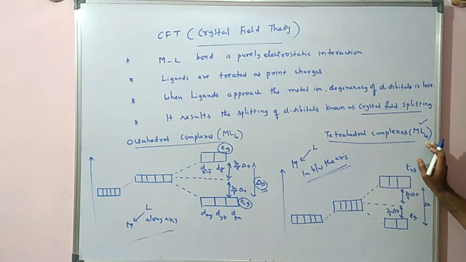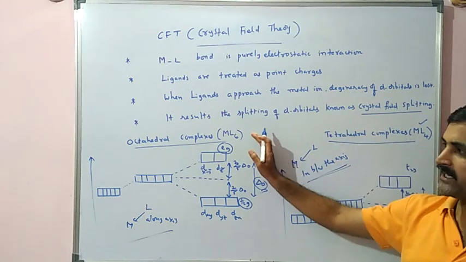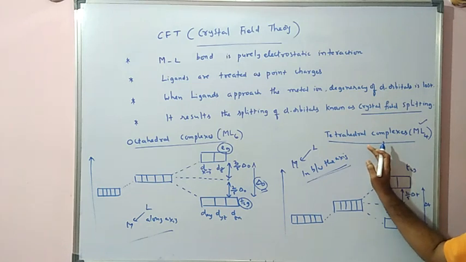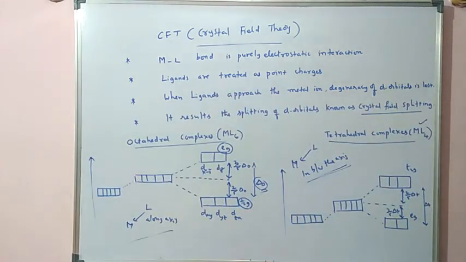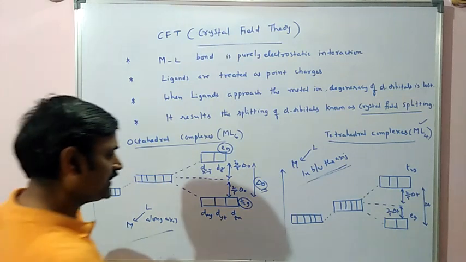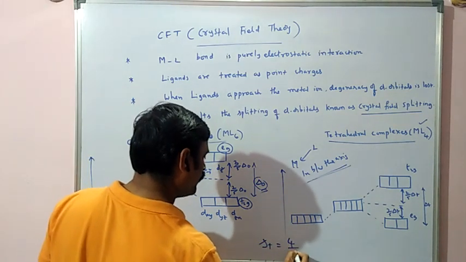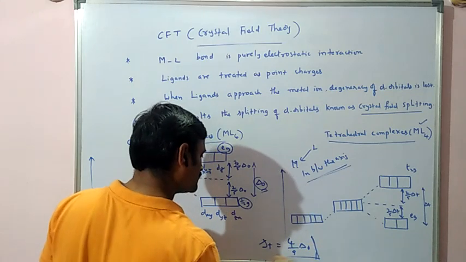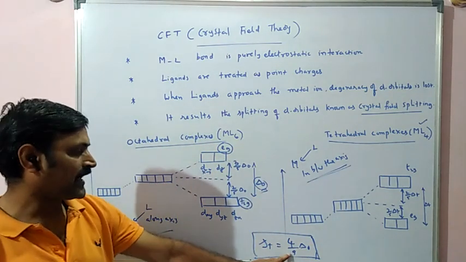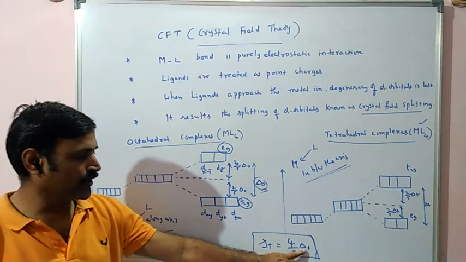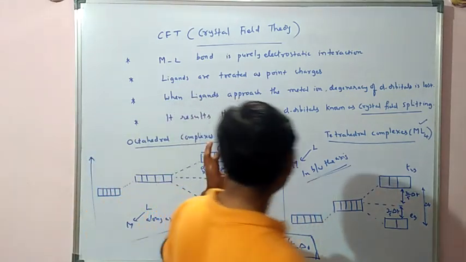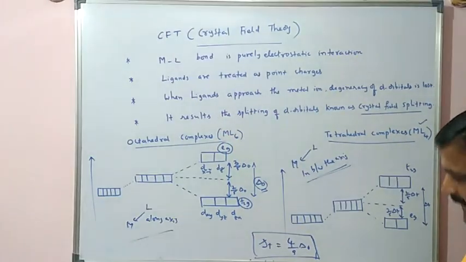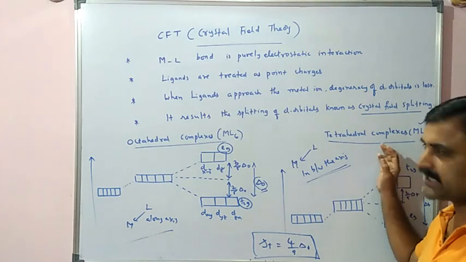But comparatively, tetrahedral has a smaller energy difference than that of octahedral, which is given by the mathematical formula delta T equals 4 by 9 delta naught, meaning 9 into delta T equals 4 into delta naught. You can understand octahedral complexes have higher energy splitting than the tetrahedral complexes.